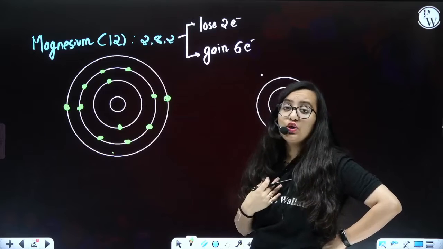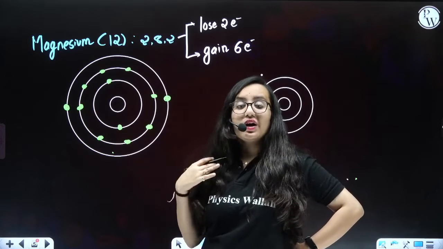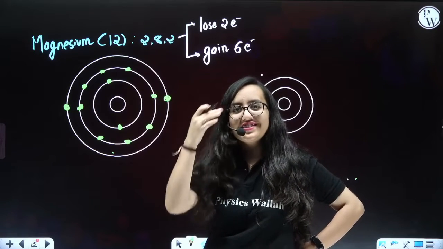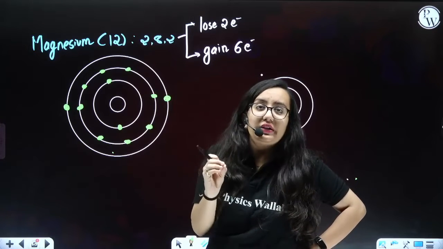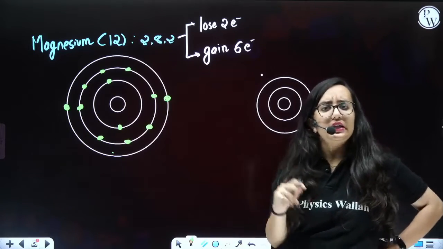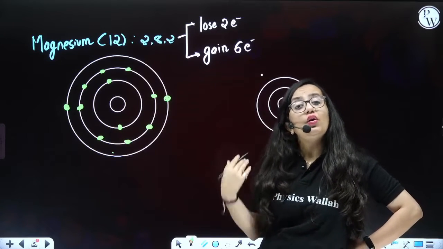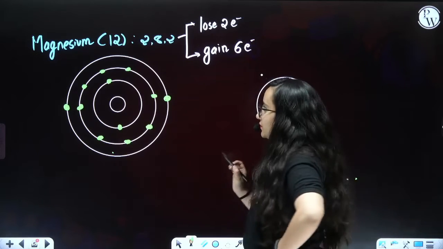As human beings, what do we do? We find shortcuts, right? To accomplish our work, we try to find shortcuts. What is the shortest way to do this thing? Same goes here. Atoms also try to find the shortest way to attain stability.